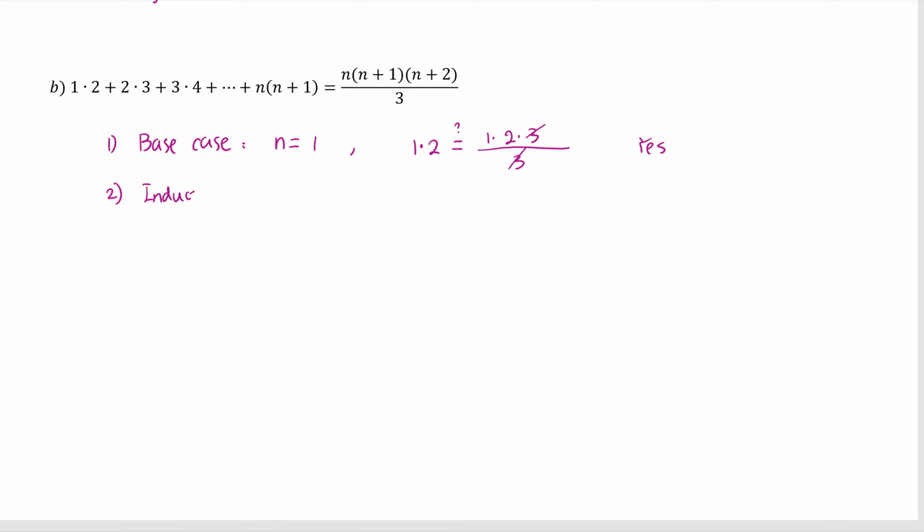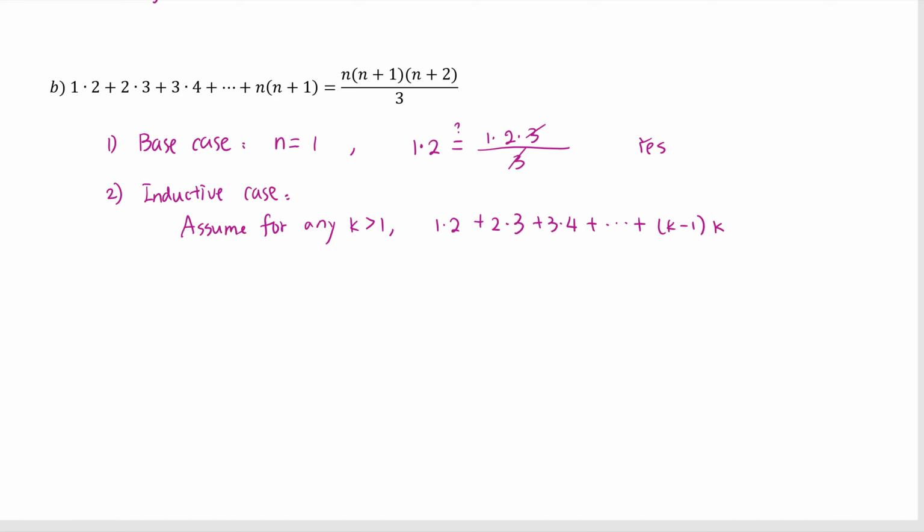Second, the inductive case. We want to assume for any k greater than 1, our equation holds for k minus 1. So we replace n by k minus 1.